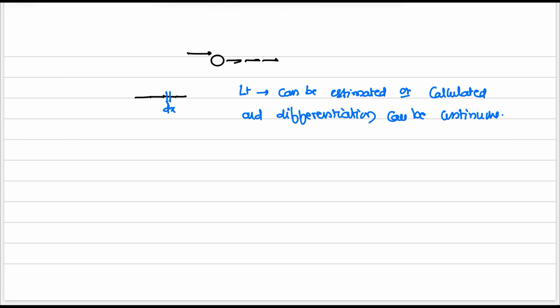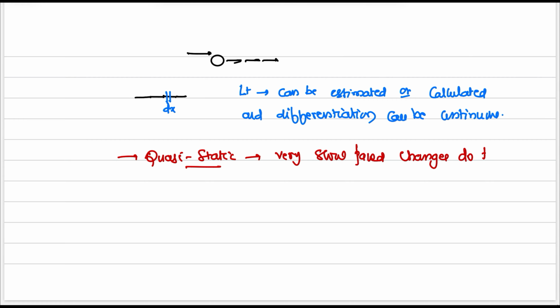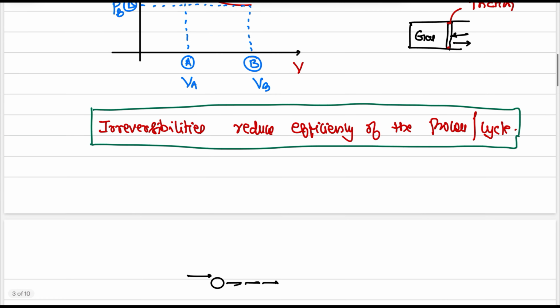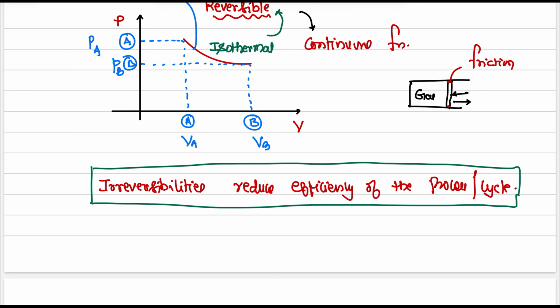Differentiation can be done. This type of process is called quasi-static. Any process where very slow-paced changes do take place is called quasi-static.